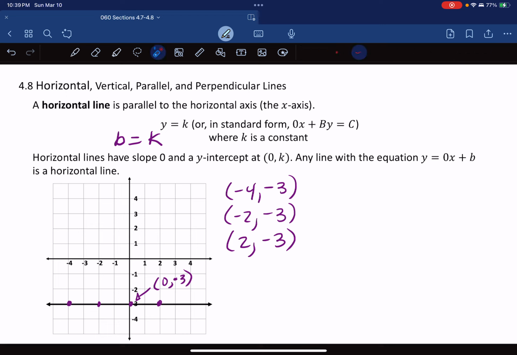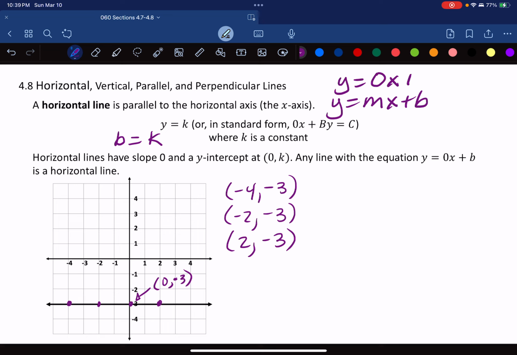We are looking at y equals k in terms of our standard form, but if we think of y equals mx plus b, we could also say that it can be written in this way as well, where the equation is y equals b, where k and b are the same number.